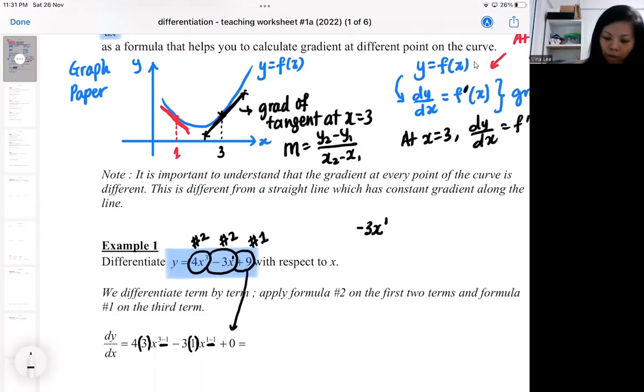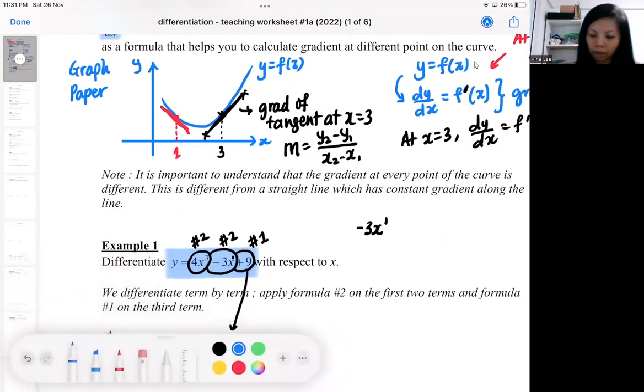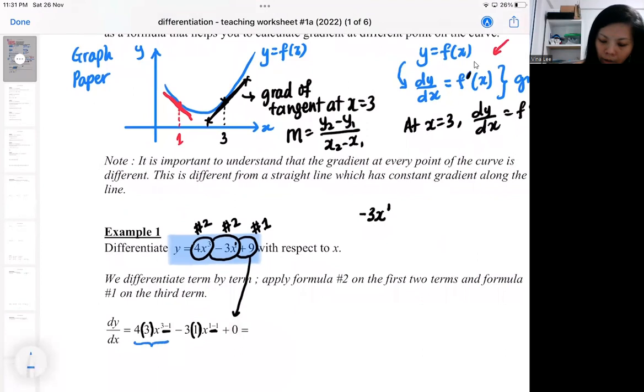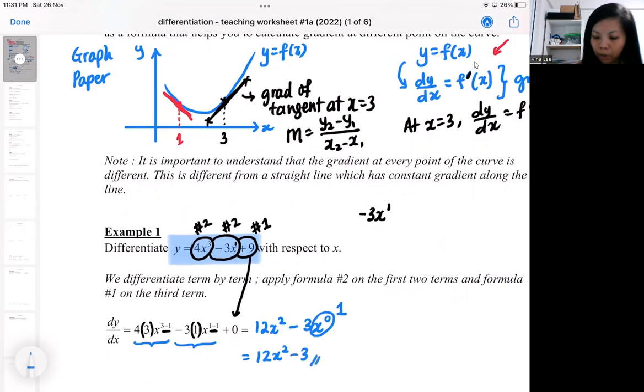From here, you will see that this will become 12x squared. And this will become 3x to the power of 0. And if you remember from your indices, x to the power of 0 is 1. So that will be my gradient formula.